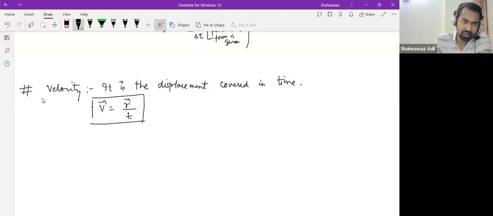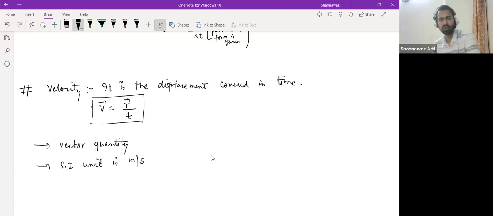And this is a vector quantity. And its SI unit is meter per second. So as you can see, this is a vector quantity.